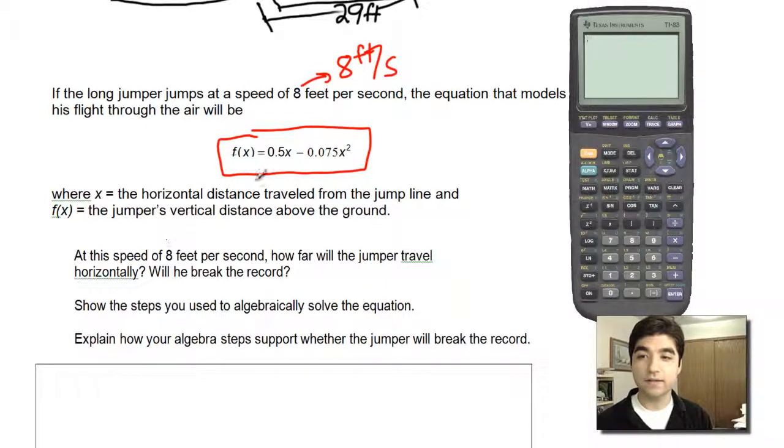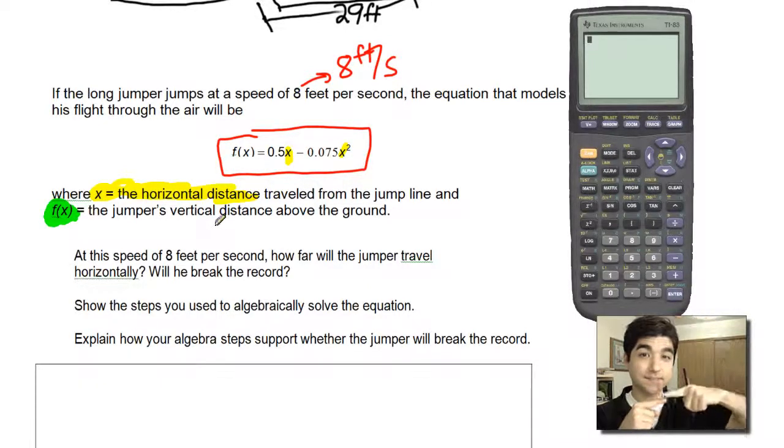Remember that, or it tells us in our equation, it says where x, so our x values, they're the horizontal distance traveled. So this x and this x. So it's how far he's gone horizontally. The f of x, the function part of it, is the vertical distance above the ground. So the x is how far he's traveled horizontally, and the f of x is how far he's off the ground.